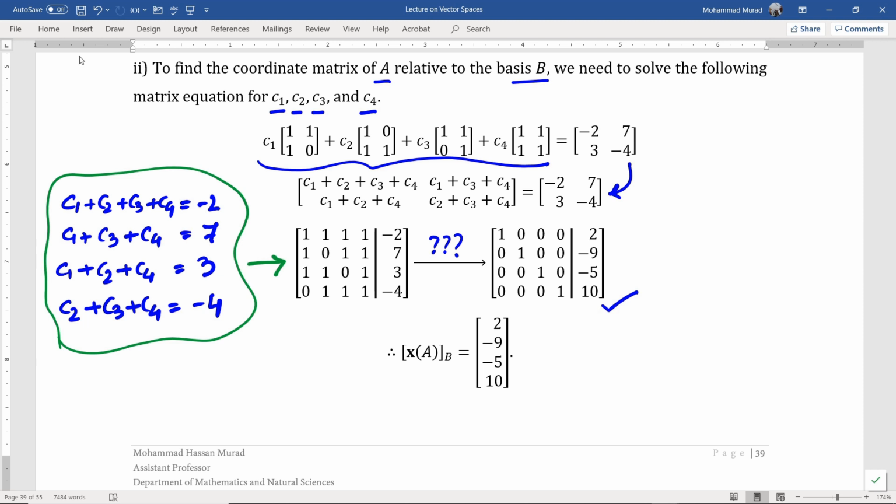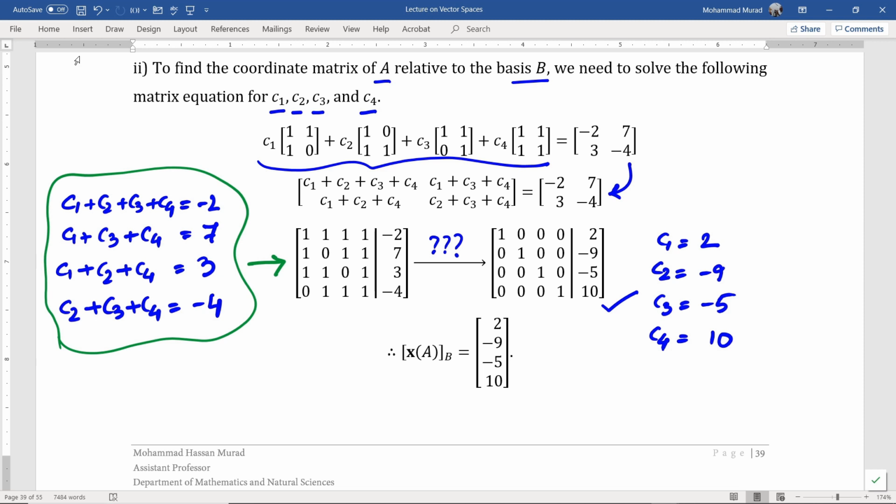This gives the value of c₁ is 2, the value of c₂ equals -9. Similarly, the values of c₃ and c₄ are -5 and 10 respectively.